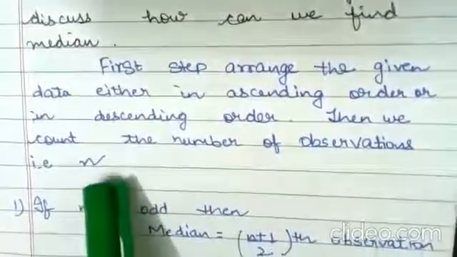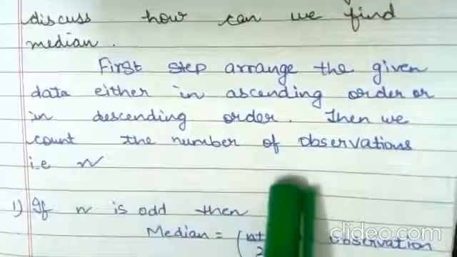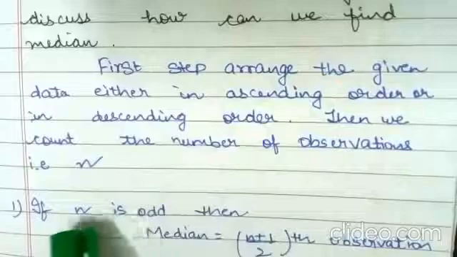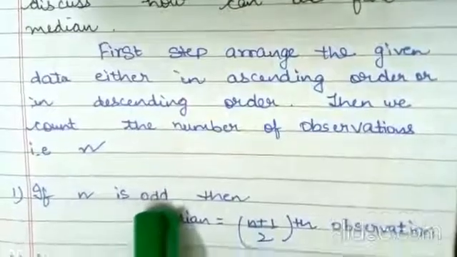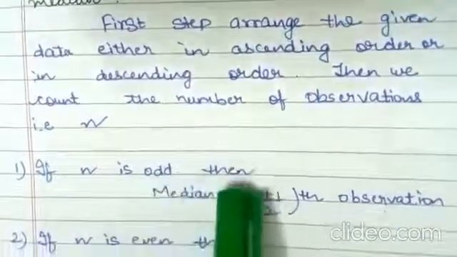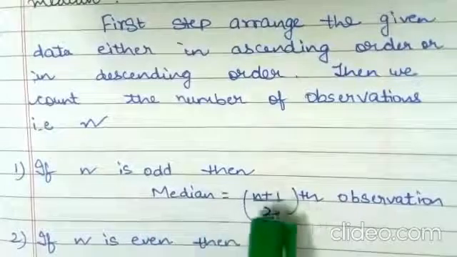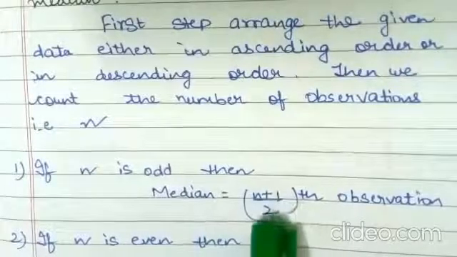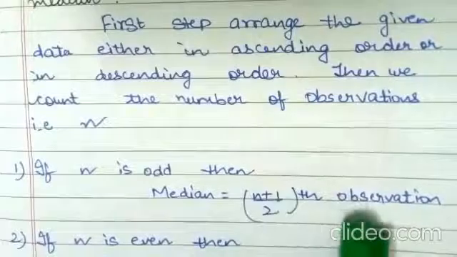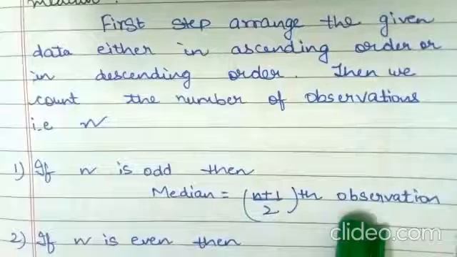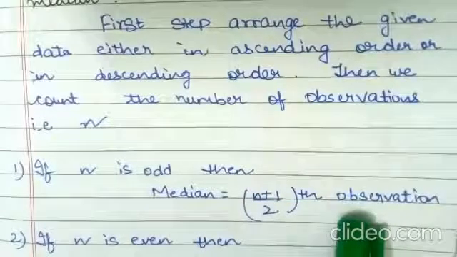Then, counting the number of observations, we see if n is odd, then the median will be the (n plus 1) upon 2 th observation. We will discuss this in the questions also.